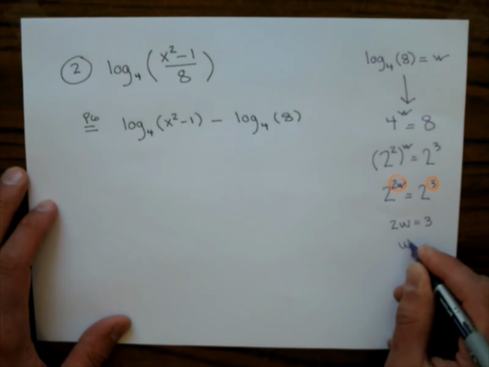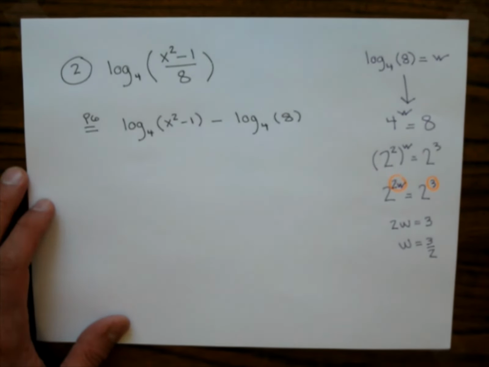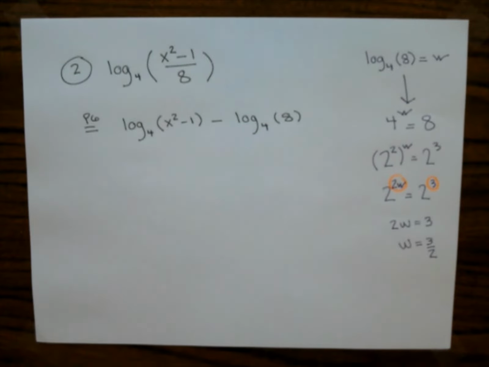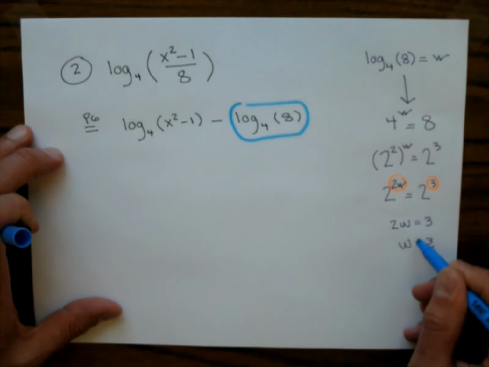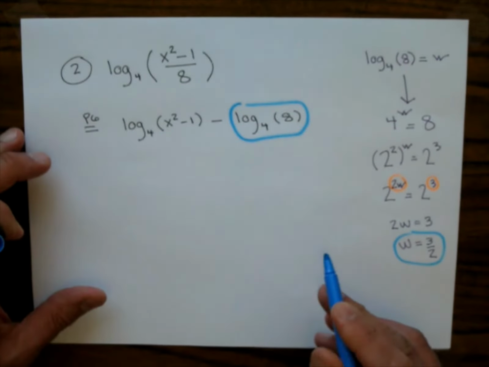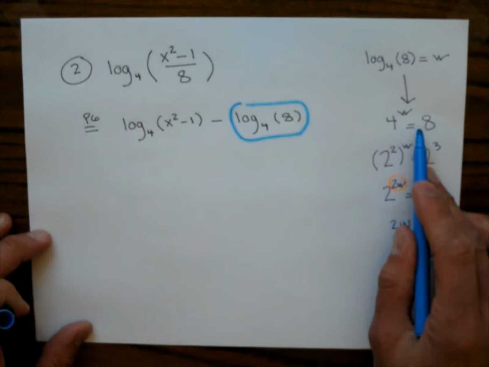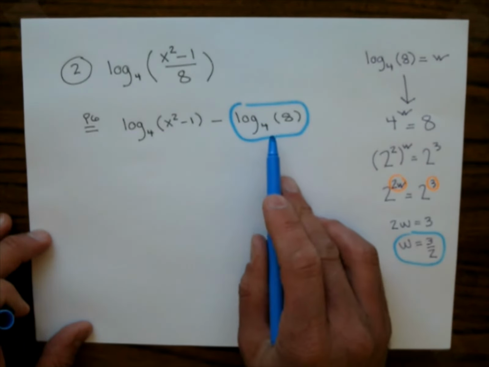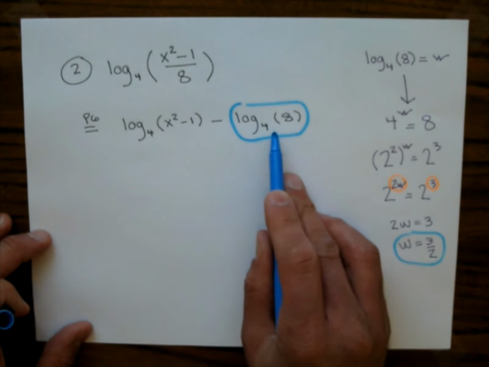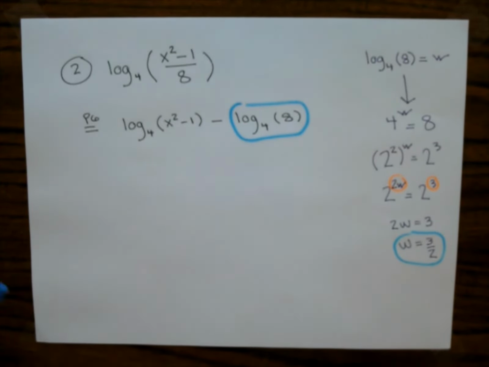We have W equals 3/2. So basically, we've just evaluated that. Now, had that said log base 5 of 8, we would have a type 2 exponential equation. We'd have to keep it log base 5 of 8. But because there's a common base between 4 and 8, we were able to make that 3/2.